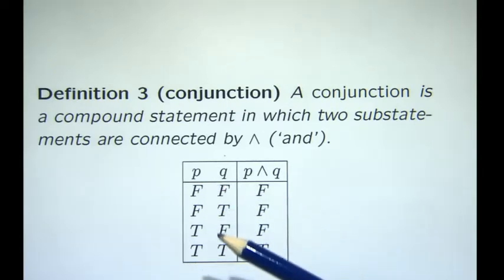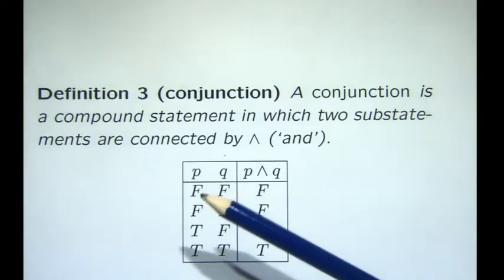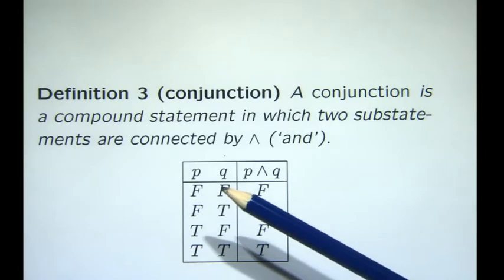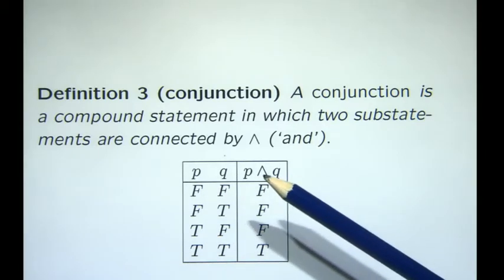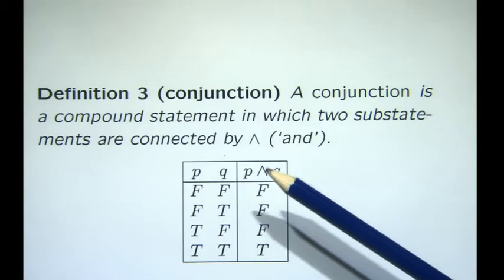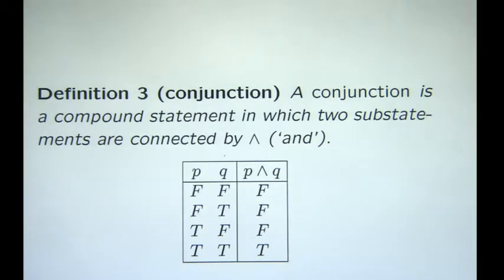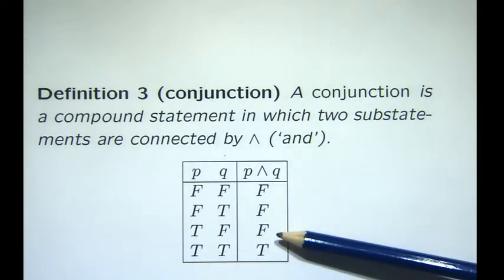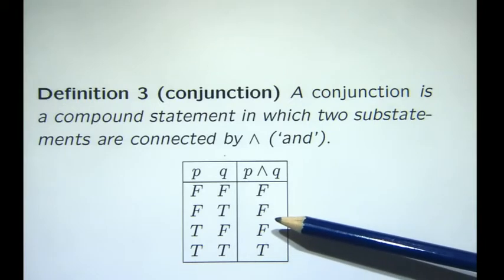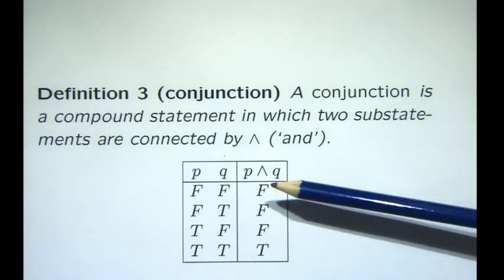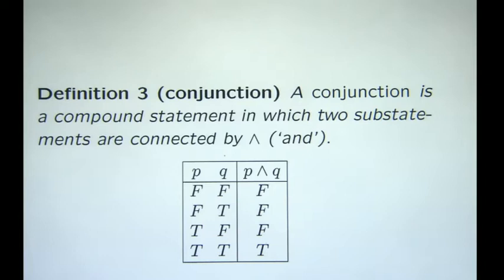So here are all the possibilities, each row representing one possibility, and we just say, in each case, what is the output of the AND operator. So AND, as we know every day, you know, this is the case and this is the case. Well, that whole statement is only true if both things are true. That's the bottom row. And in all other cases, if either one thing isn't true, or indeed they're both not true, well then the output is false. So that's logical and.